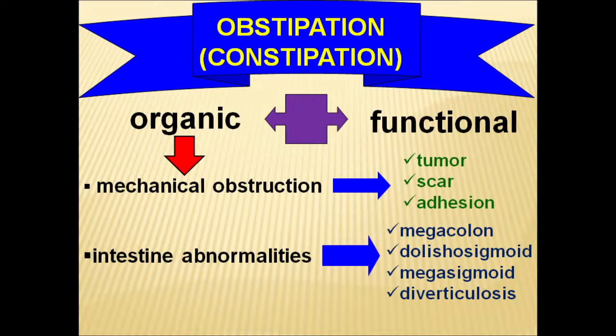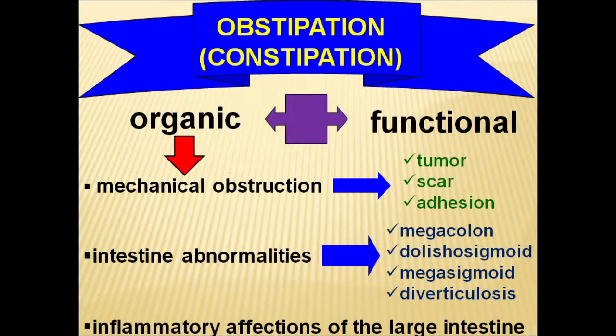We are talking about megacolon, dolichosigmoid when only the sigmoid colon is prolonged, megasigmoid when the sigmoid is dilated and feces can be held in the sigmoid a long time, and diverticulosis, local dilation of the large intestine where feces may sometimes be kept.